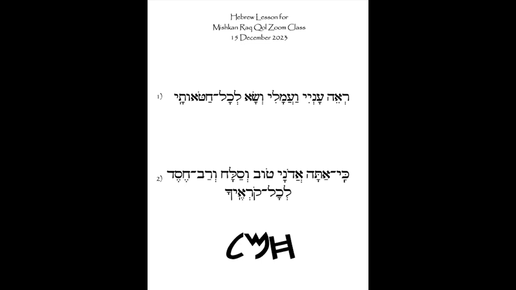Chata. The word chata means a sin. Chata, sin. Chatot, sins. So, to all sins, mine, or sins of mine. So, all my sins. So, what he's saying is, you see my affliction and my pain, and you forgive all my sins.